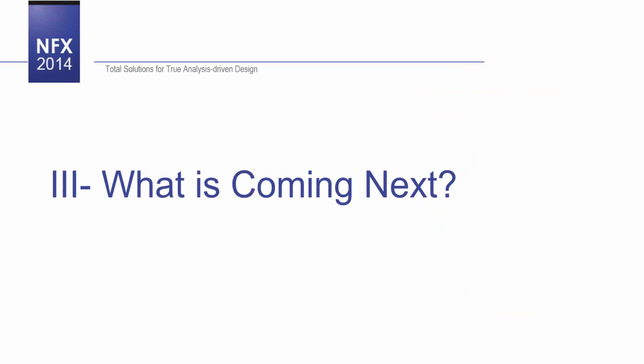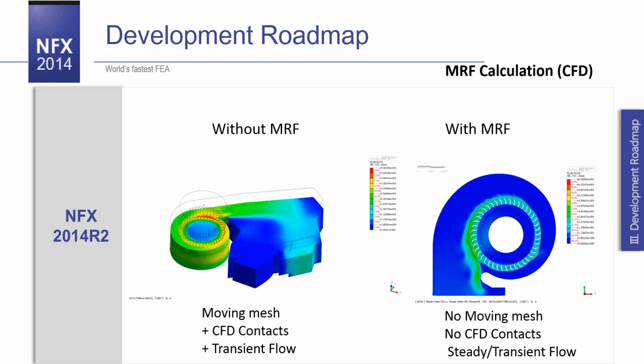Okay, now let's talk about a few options that are coming for the next version, NFX 2014 R2. We have major improvements for CFD, which will come in the next version. The first major improvement is called the MRF, multi-referential frame.